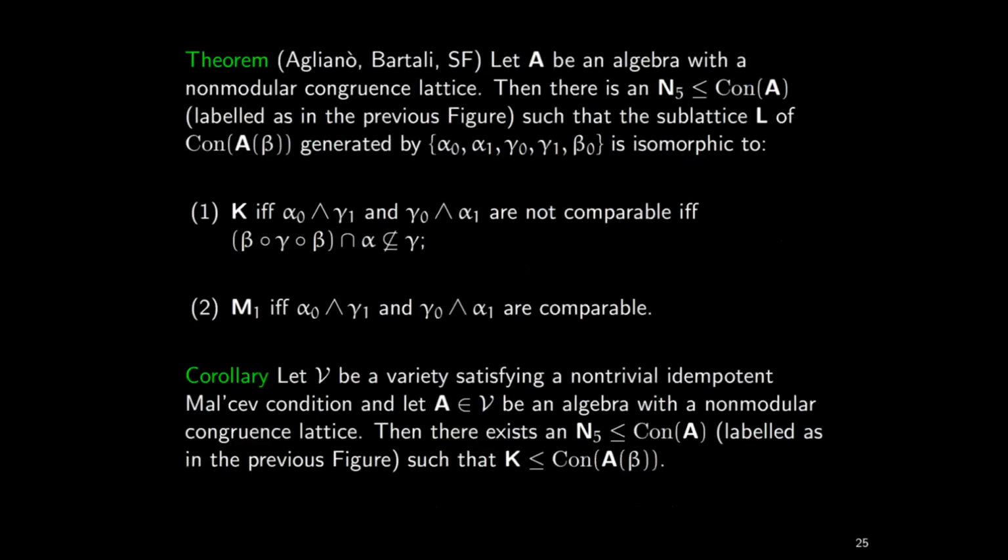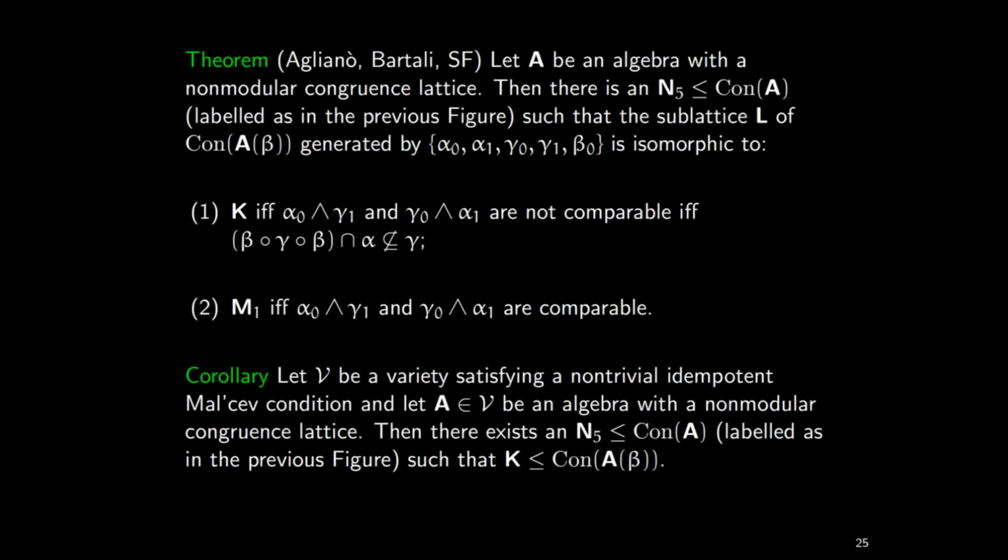Yes. So furthermore, if we add some hypotheses about the original variety, for example saying that the variety satisfies a non-trivial idempotent Maltsev condition, then we can say that the only possibility left is that K is the sublattice of the congruence lattice of A of beta produced with the procedure that I explained before.